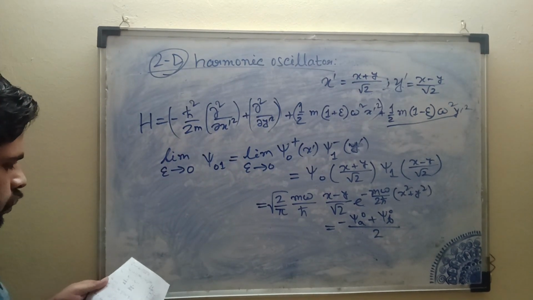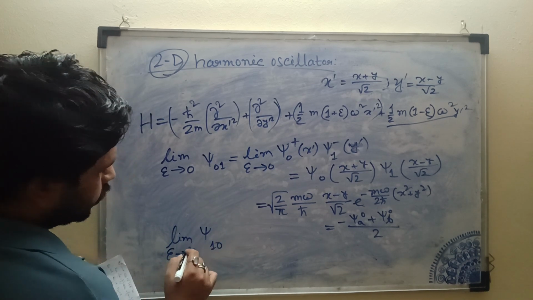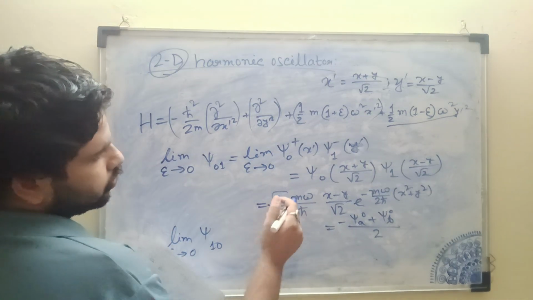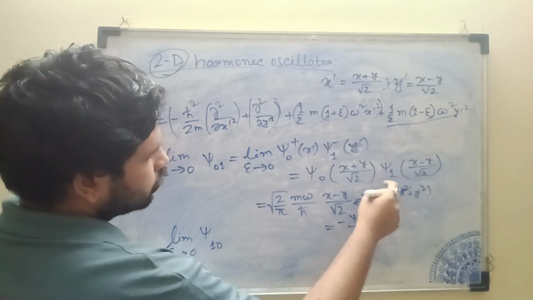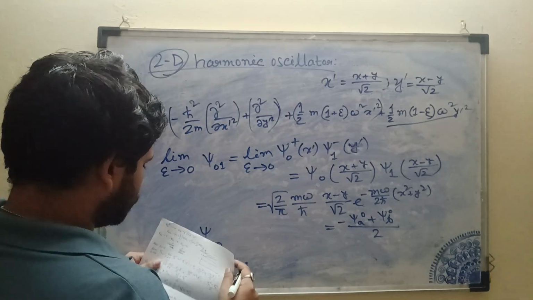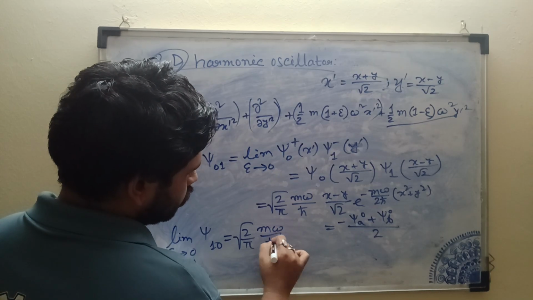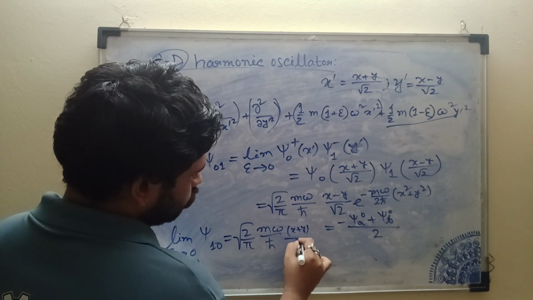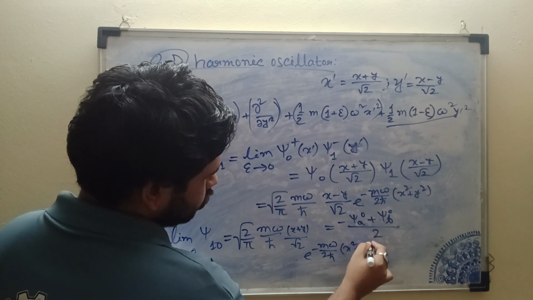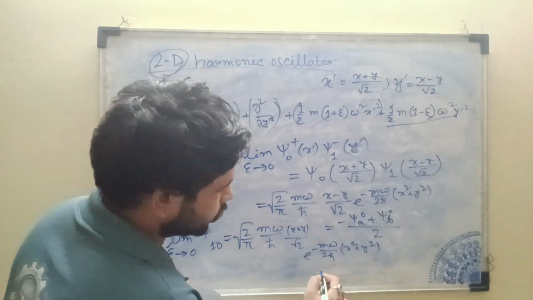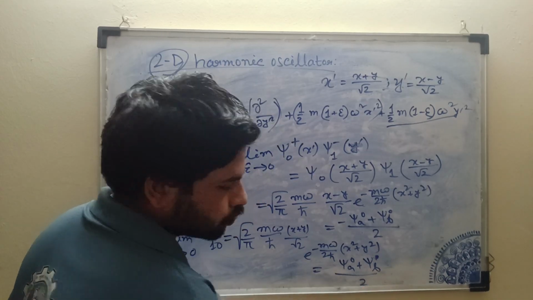Similarly for psi 1,0, in the limit epsilon tends to 0, this will be 1, this will be 0, so the vice versa case will happen, and we will get root over 2 by pi, m omega by h bar, (x plus y) by root 2, into e to the power minus m omega by 2h bar (x squared plus y squared), which will give us (psi a 0 plus psi b 0) over 2.